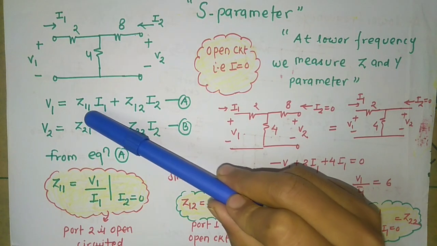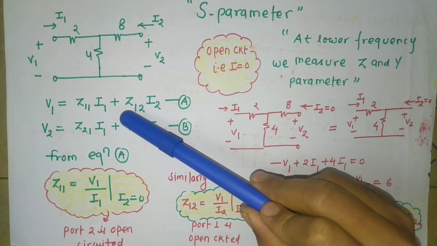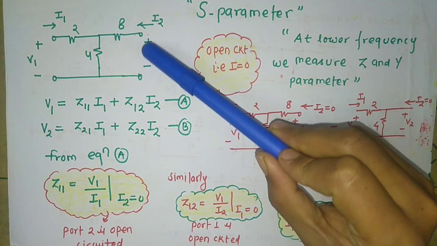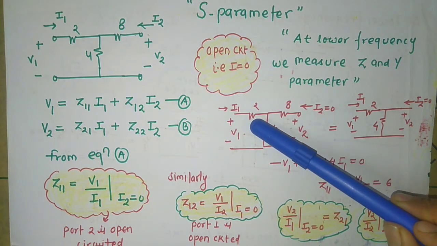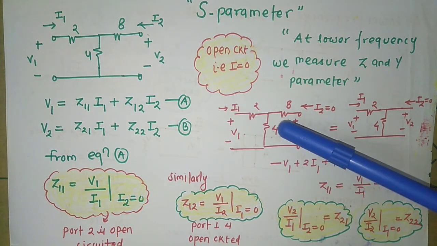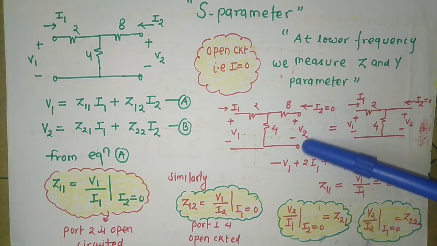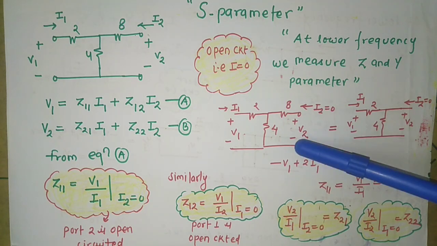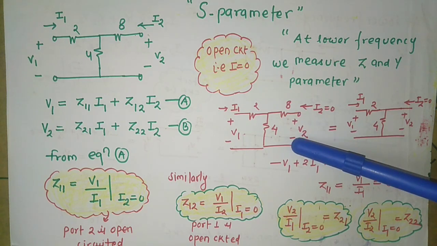If I want to calculate these Z parameters, then I have to create an open circuit. What do you mean by open circuit? Open circuit means the value of current will be 0. If I am calculating the value of Z11, then I will create an open circuit, meaning I2 equals 0 at port number 2. There is no significance of this 8 ohm resistor when it is open circuit.